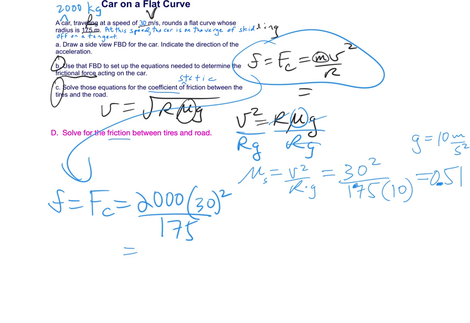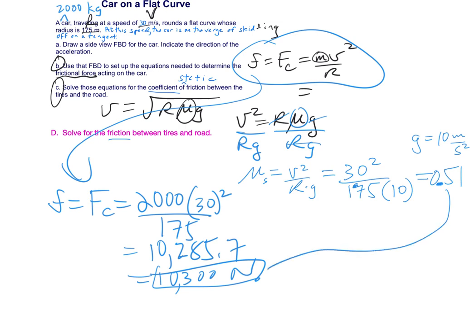Okay, so the friction is not the coefficient of friction, it's the actual friction. I get this huge amount, 10,285.7. I would round that off to 10,300 newtons. Don't get that confused with the coefficient of friction.